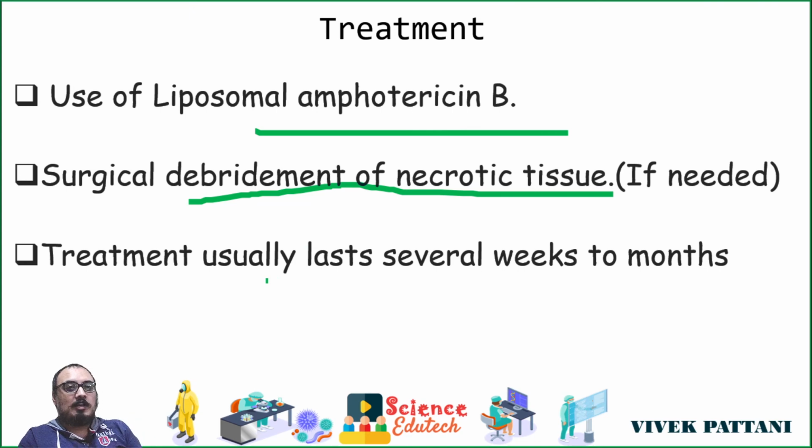So what is surgical debridement? It is basically removal of the necrotic tissue, because if we do not remove this tissue, there are chances that it may spread to other tissues of your body, but it depends on the stage and progression of the disease.